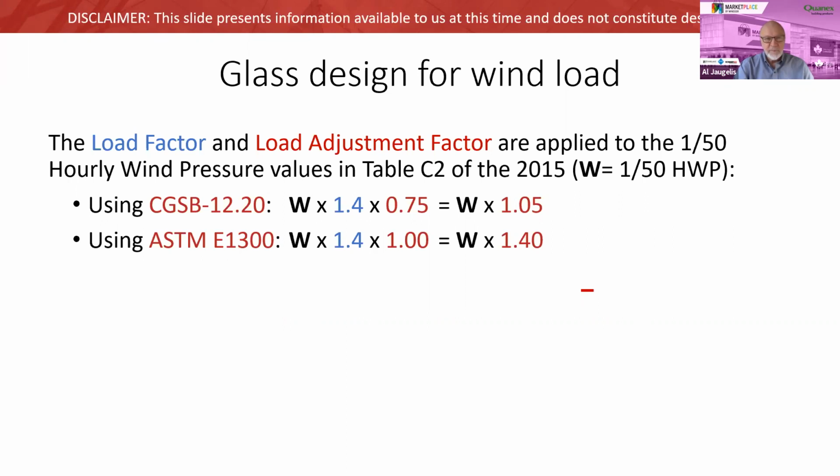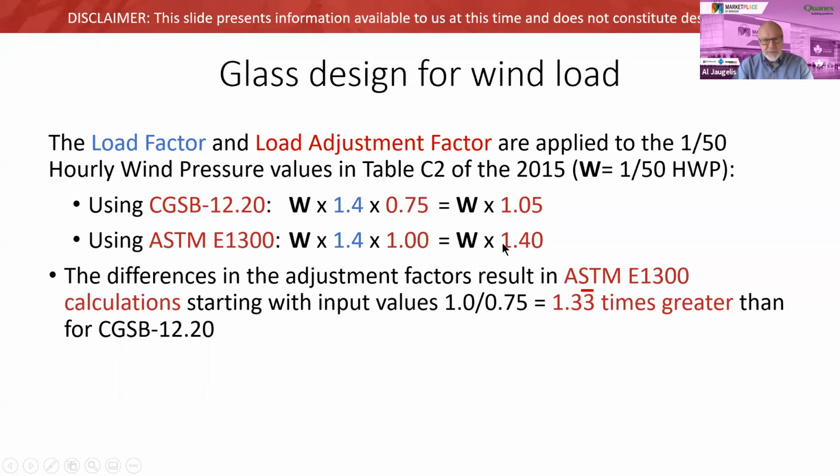We're being clear. So here's what it looks like. If you're going to be using the Canadian standard, you take your 1 in 50 hourly wind pressure, multiply by 1.4 by 0.75. In effect, you're starting out with a pressure that is just slightly higher than the 1 in 50 hourly wind pressure. If you're using ASTM E1300, you multiply the hourly wind pressure by 1.4.